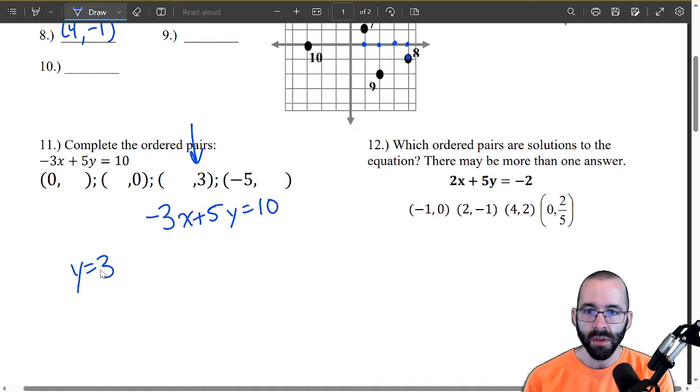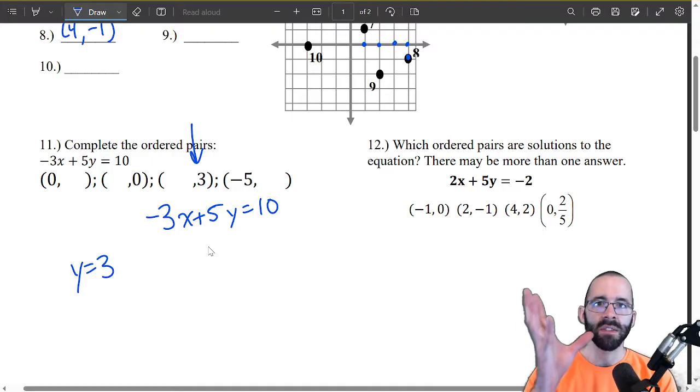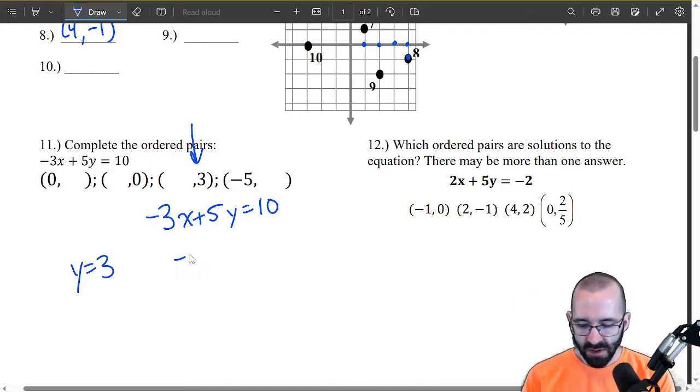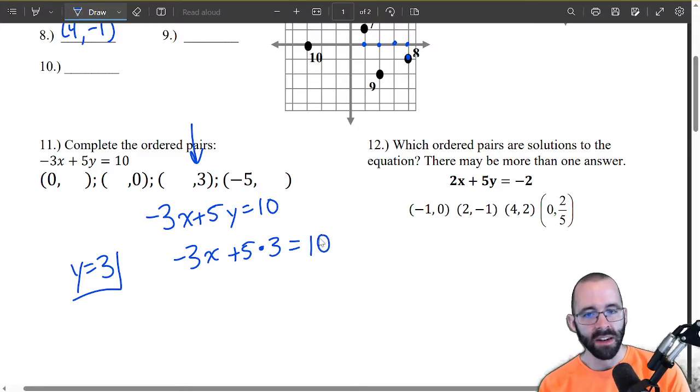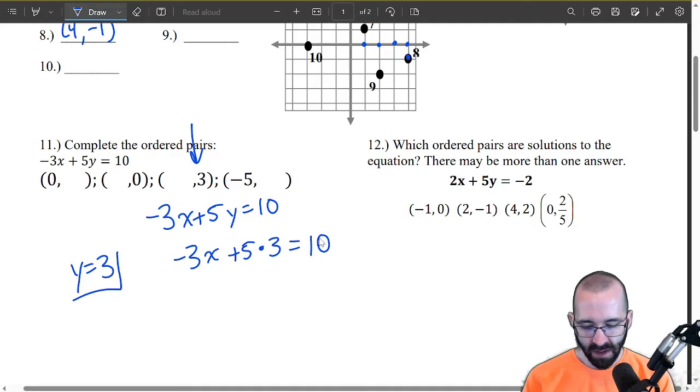So if y equals 3, we can just plug it in. Equals means the same. So this becomes -3 times some x plus 5 times 3. It's the same equation, just instead of 5 times y, it's 5 times 3. And now we can simplify and then solve, just like we did in the previous units.